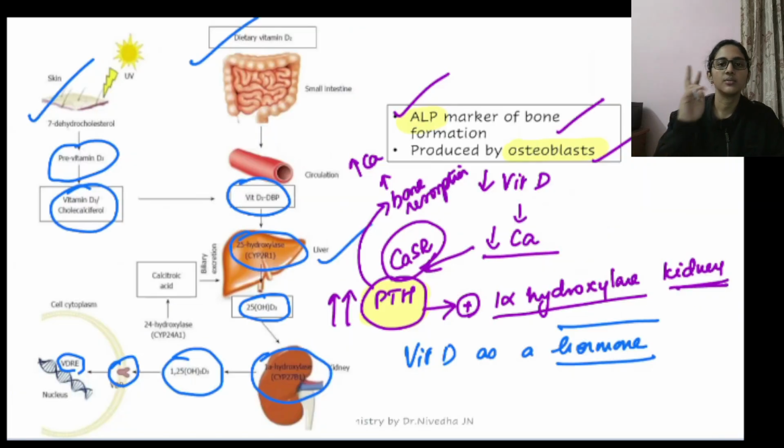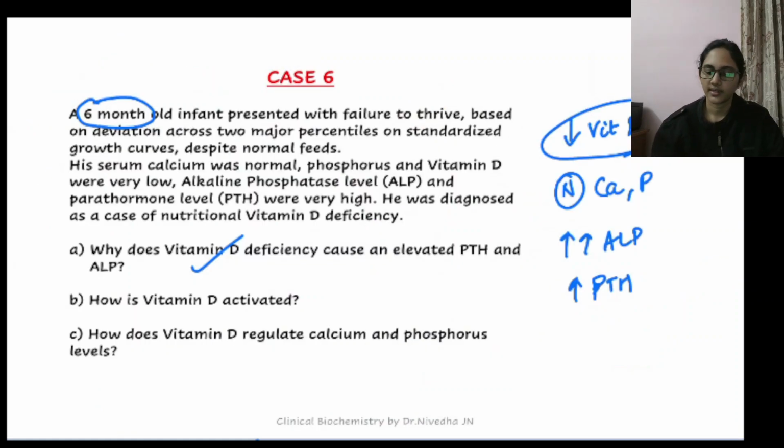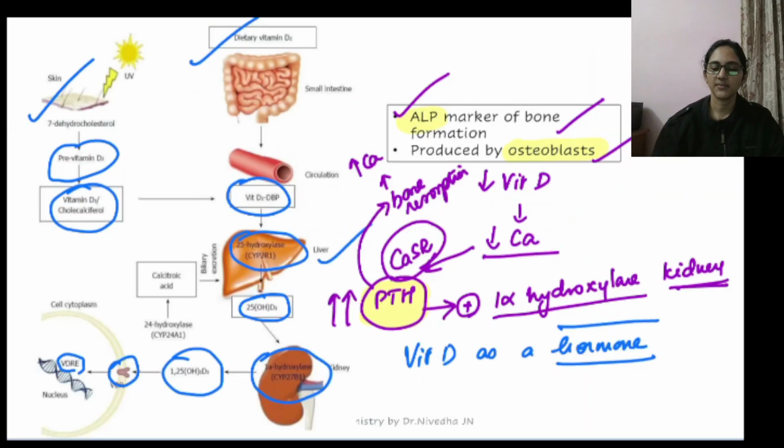So for vitamin D, I've put up 2 questions. Both are previous year questions. They have covered the entire vitamin D chapter, so you have to learn that. It's very important, right? So first question we have done. How is vitamin D activated? So activation is from the skin, 7-dehydrocholesterol upon sunlight exposure.